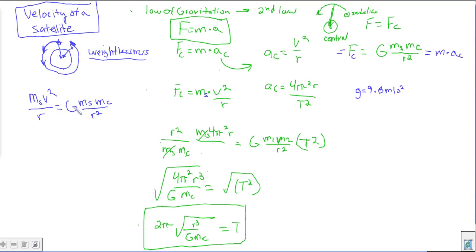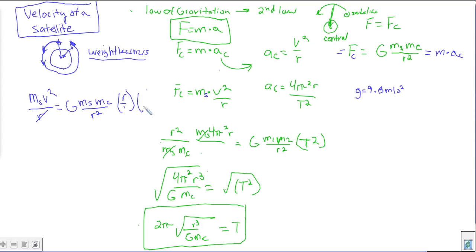Now let's go ahead and rearrange, because as you can see within this equation, we have velocity. So all we have to do is rearrange this. We're dividing by the radius over here, so I'm going to multiply by the radius over here, and that's going to get rid of that on this side.